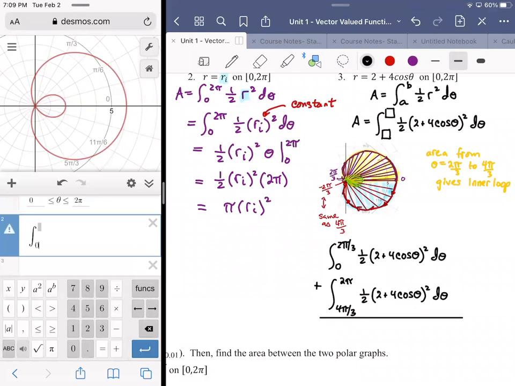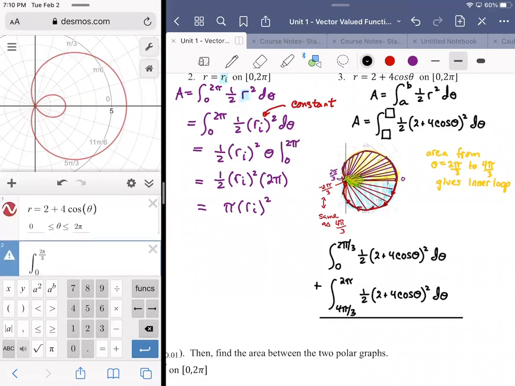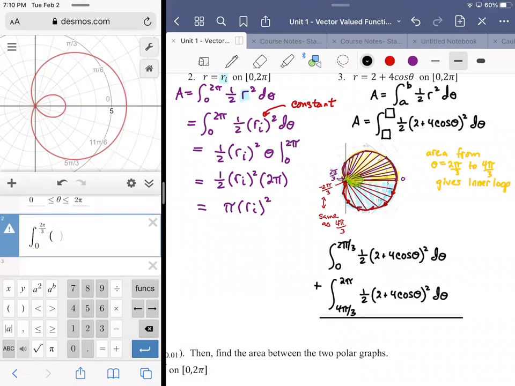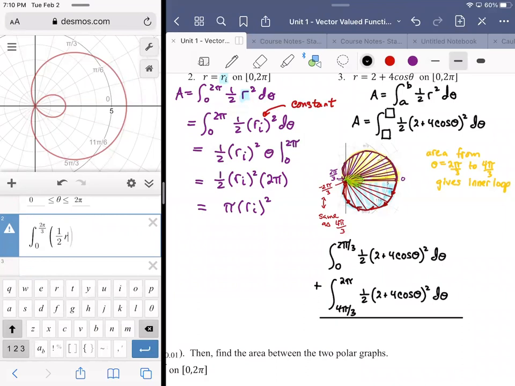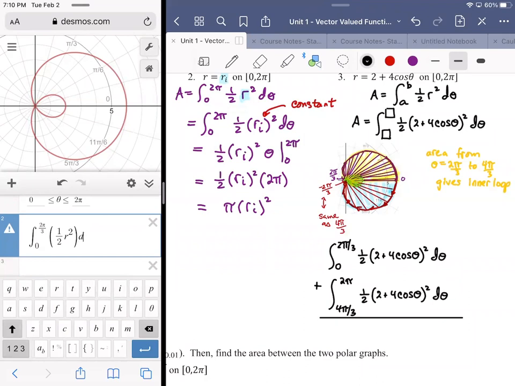So 0 to 2 pi over 3. Now, I've already defined r as 2 plus 4 cosine theta. So what I'm going to do is type in 1/2 r squared d theta.